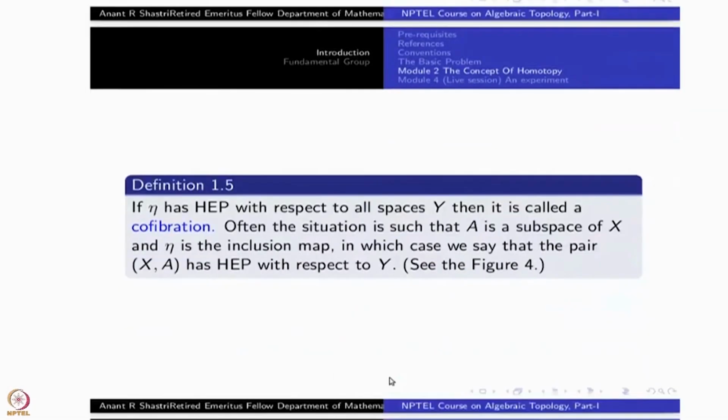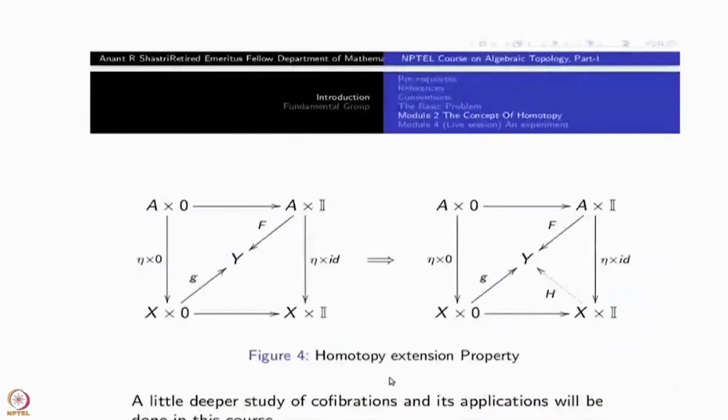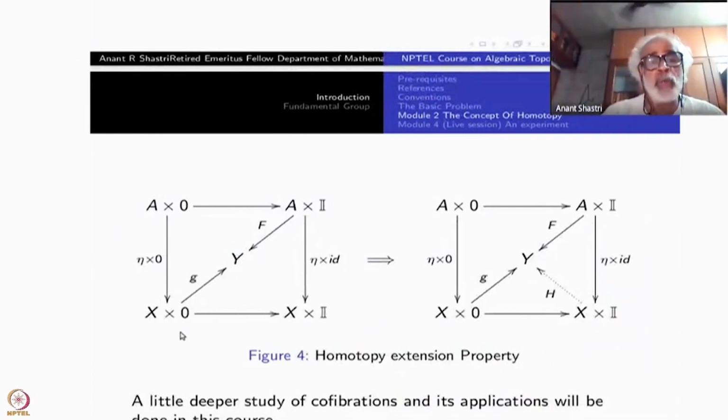Okay, so let us look at the figure here. A cross 0 to X cross 0, you have the function. The function is from A to X. A cross 0 is a copy of A, and X cross 0 a copy of X. So η cross 0 you take here.